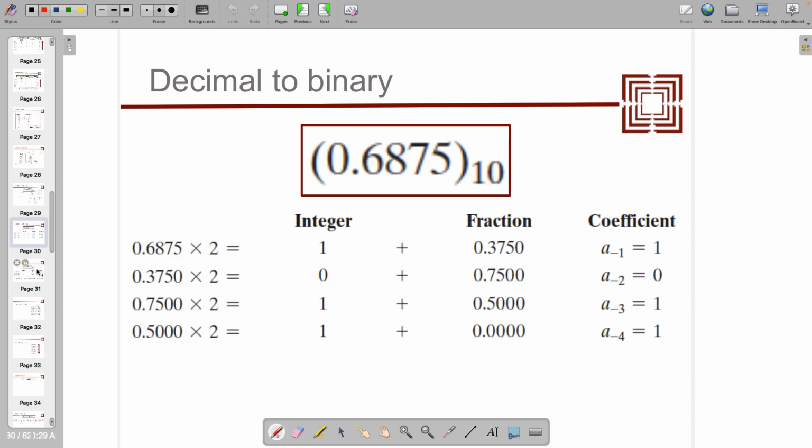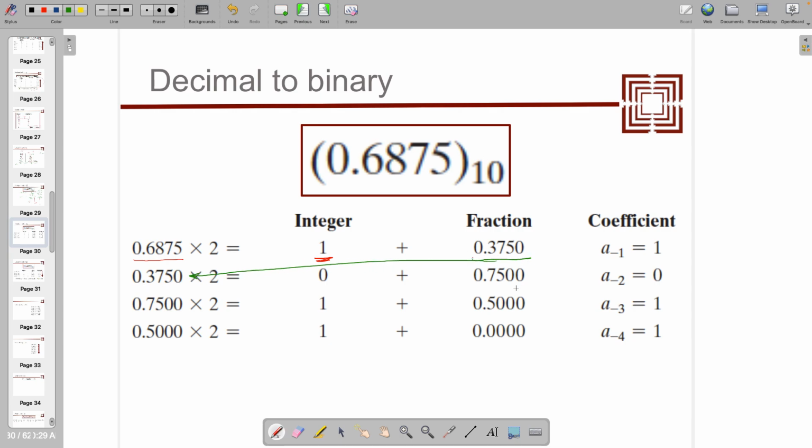Let's look into that. So 0.6875 multiplied by 2 is going to give you integer 1 plus 0.3750. So it's 1.3750. So you kept it in two different parts: 1 plus 0.3750. You are going to multiply 0.3750 with 2.